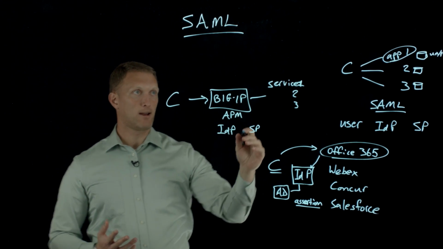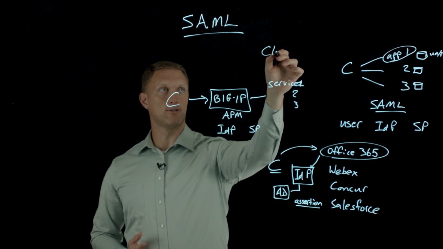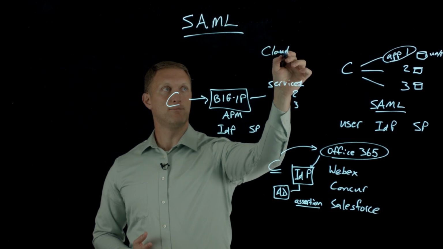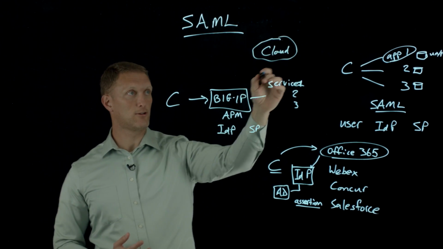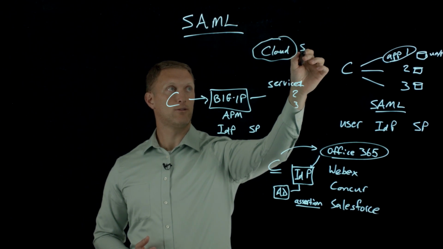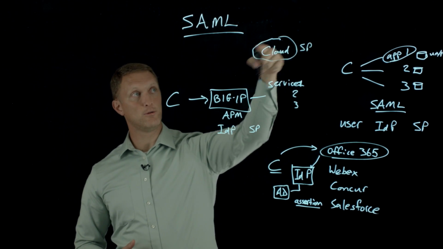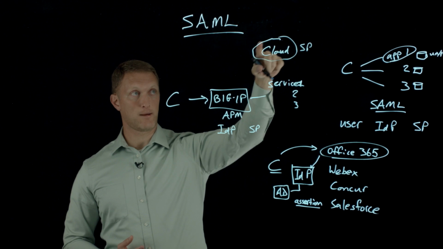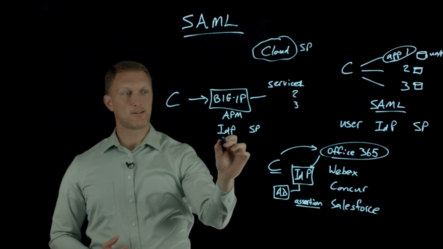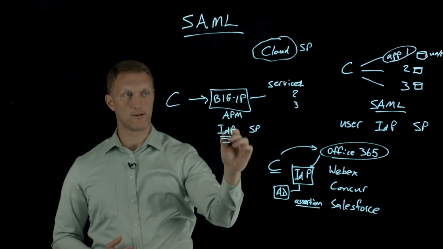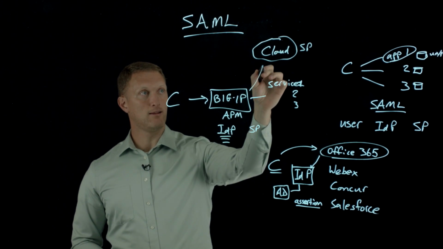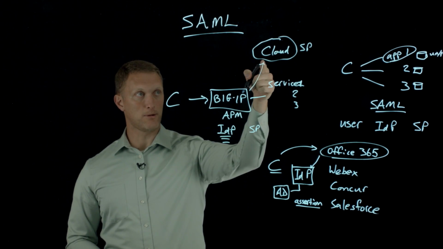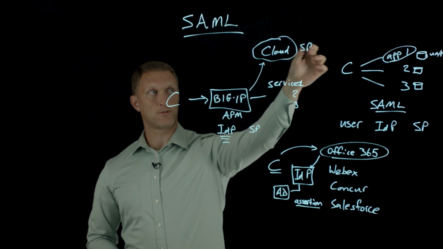Let's say you have some cloud-based services out here that you don't own, and so that has its own service provider element with those applications. Your BigIP can still be the identity provider for your clients, but you would then connect out to the cloud via the BigIP as the service provider element.